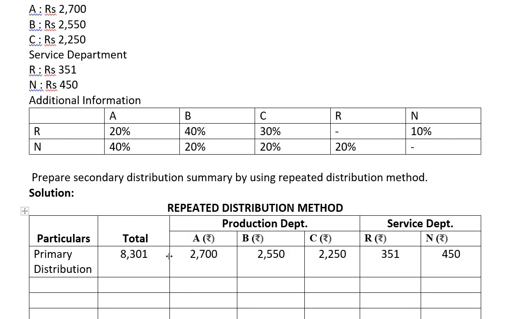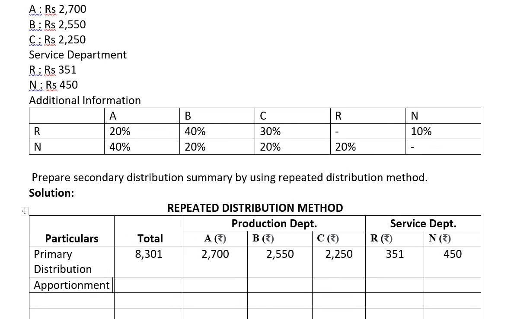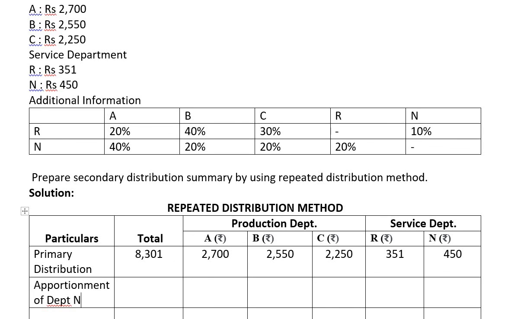Now let's distribute it. First of all, we are going to apportion the expenses of department N. So we can write apportionment of department N. And over here, if you calculate the ratio for N, it will be 4:2:2:2, or you can say 2:1:1:1.